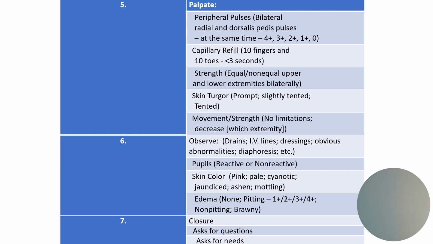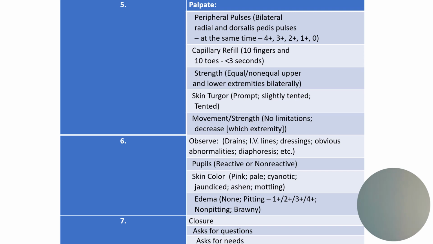Then we look to see if there's edema. The best place to test for edema is going to be on the shin. So we push on the shin and we're looking for any indentation. We're looking to see, does it feel kind of squishy or like there's fluid in the tissues? If there's none, then we document none.